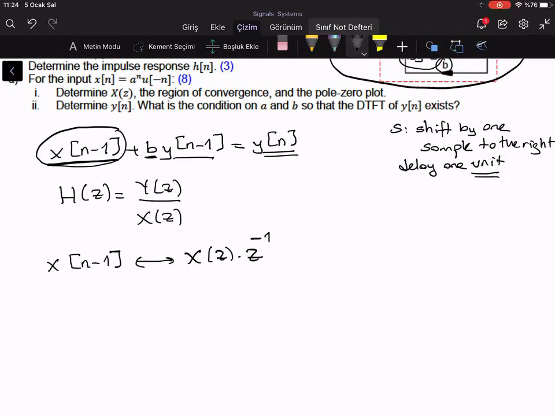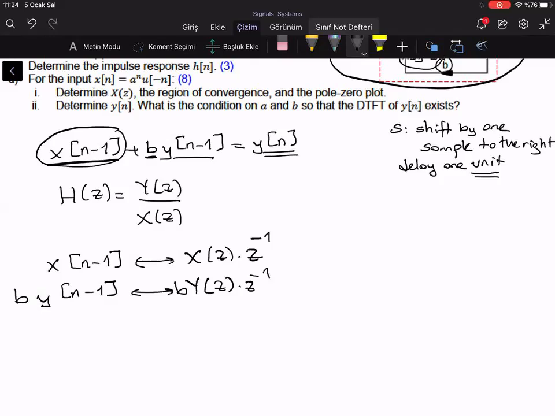This is what I have done 2 minutes before, right? Same thing for y of n minus 1. What is the z transform of this? Same thing. If I multiply by b, I will multiply by b. This is the linearity property.